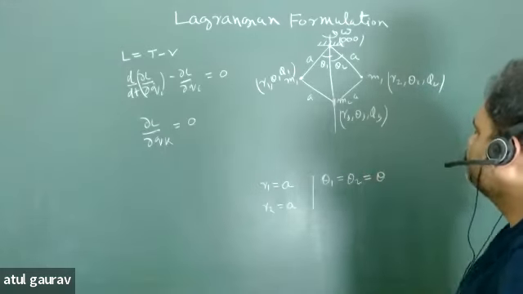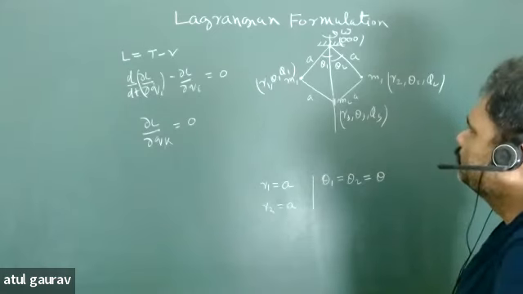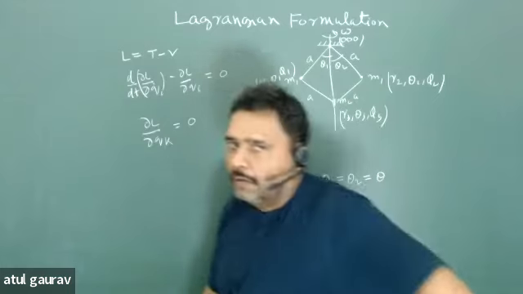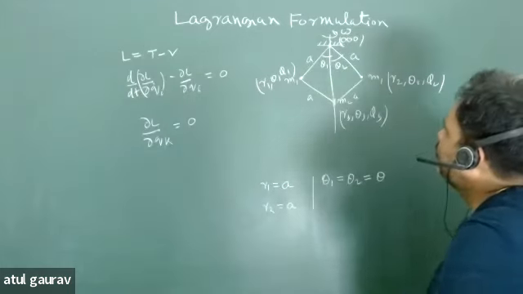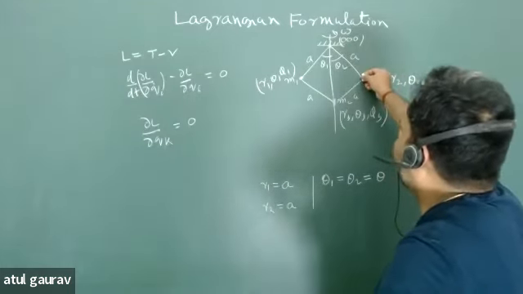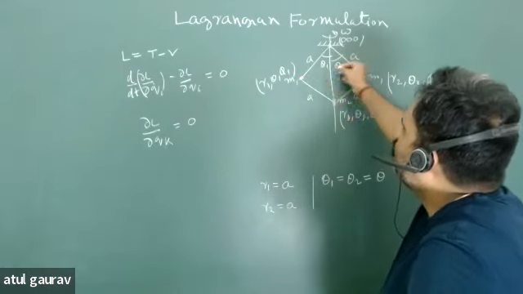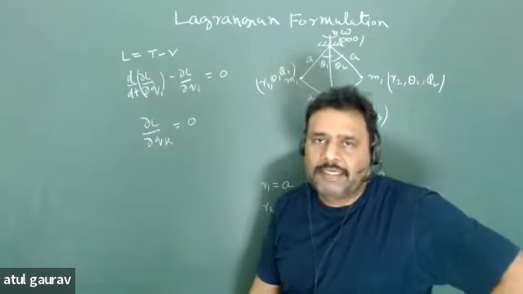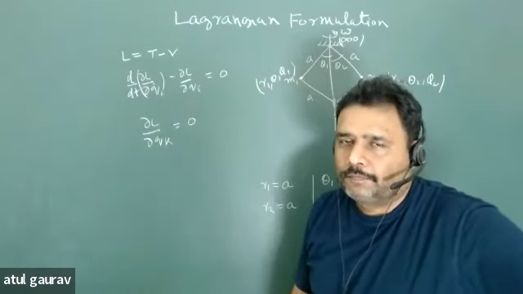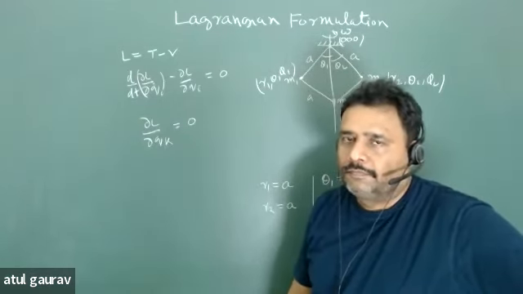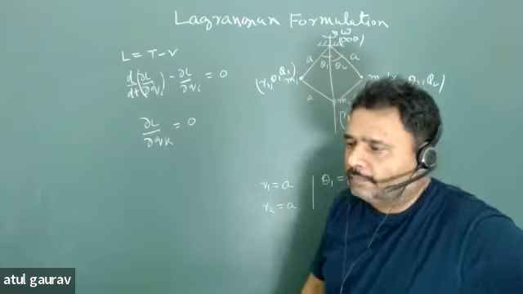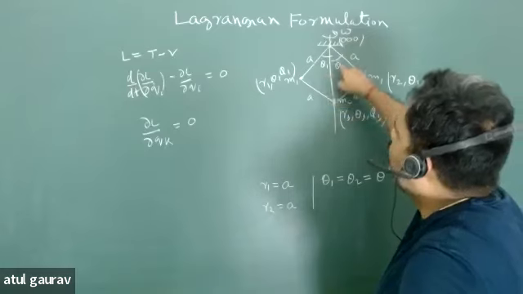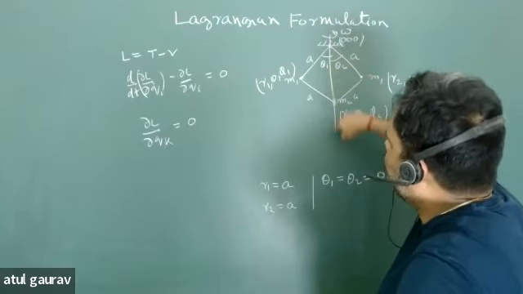Yes, sir, we can say. Sorry? Please explain on what basis you are saying. What I am saying is that this mass m1 and this mass m1 will always make the same angle with the z axis.